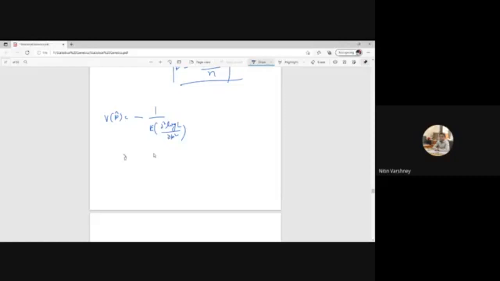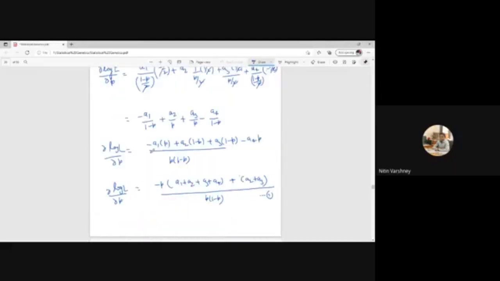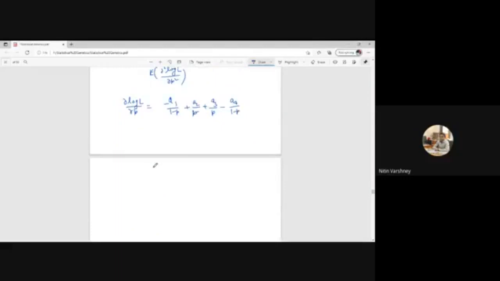We have already calculated del log L upon del p, which is minus a1 upon 1 minus p plus a2 upon p plus a3 upon p minus a4 upon 1 minus p. Now I have to calculate its second derivative. So just tell me what will be the second derivative.